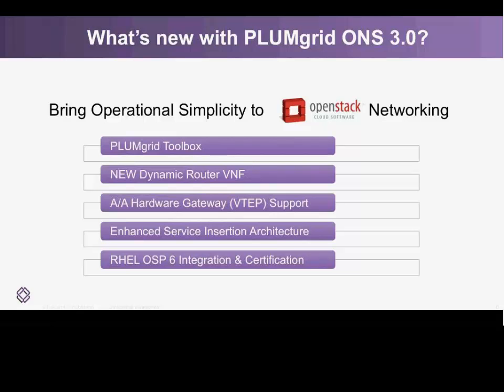On top of that, there is the ability to have virtual routers peer with routers within the physical infrastructure. So this is a brand new VNF, and I know something that customers have certainly been asking for. We see lots of use cases and applications for it.